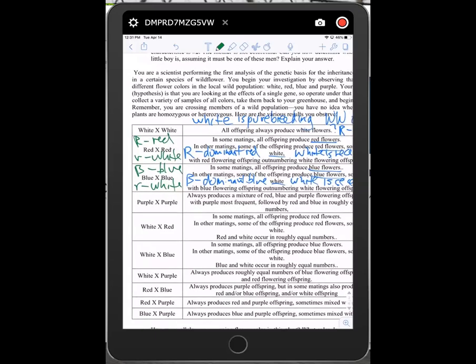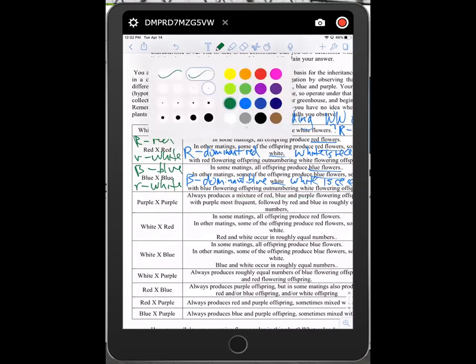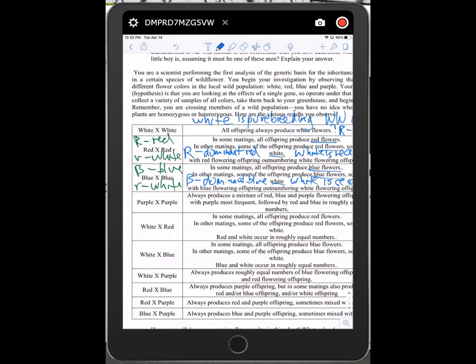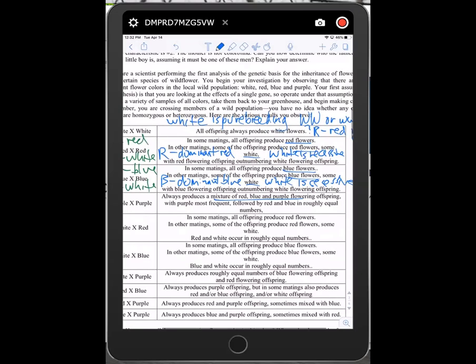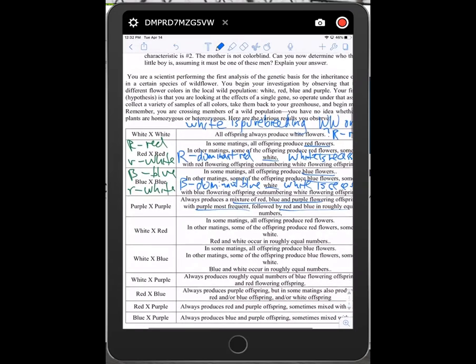All right, how about purple? Oh, cripes. We have a fourth color we've got to figure out. If we cross two purples, what is going to happen? Always produces a mixture of red, blue, and purple, with purple most frequent, followed by red and blue in roughly equal numbers. So for this one, think about the color wheel.